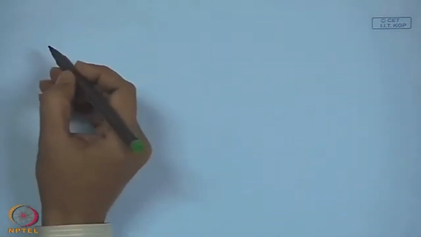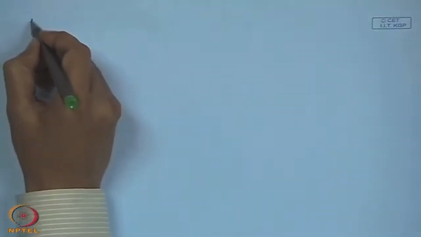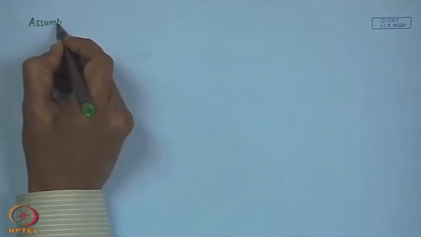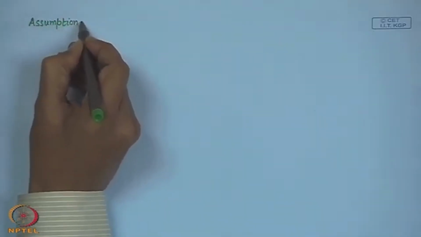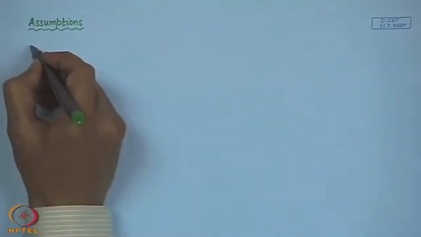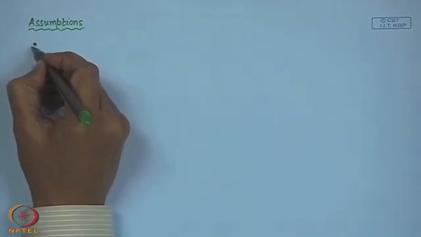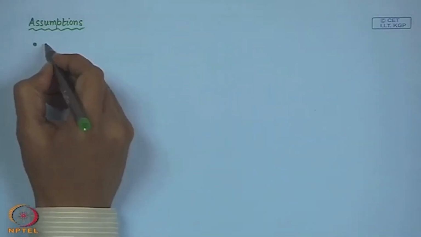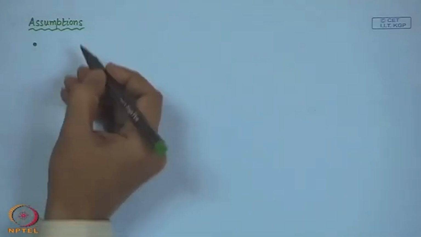So, once again, for the mathematical model of such a bar, we make some assumptions. The first assumption is that the bar is circular.